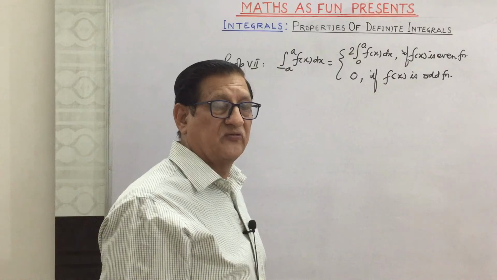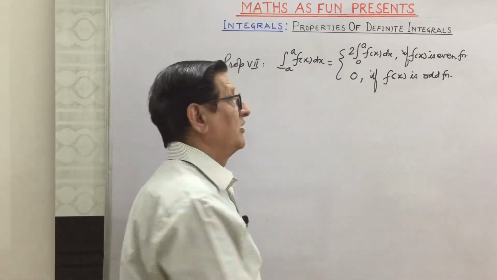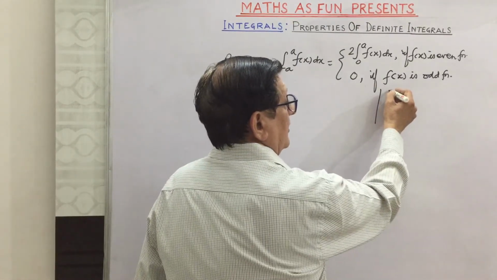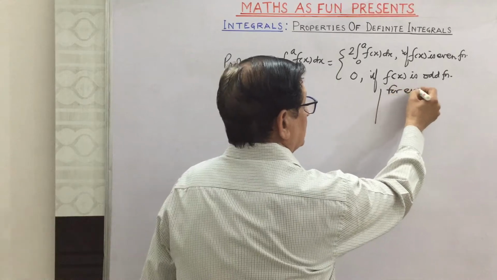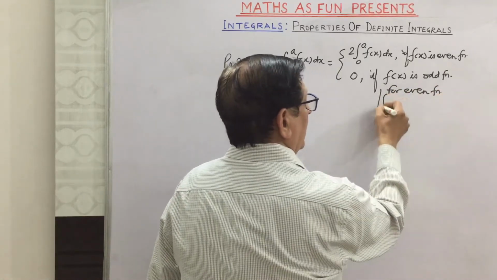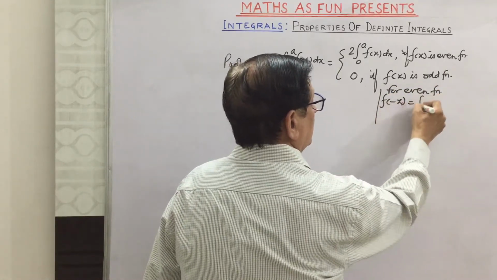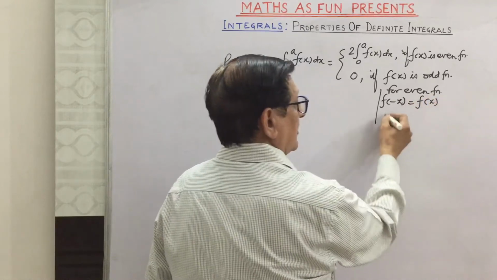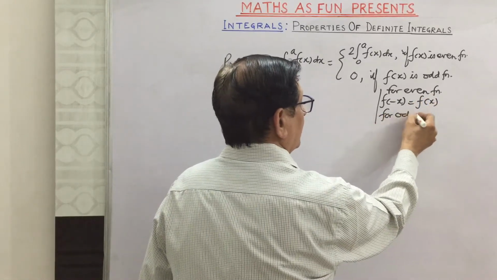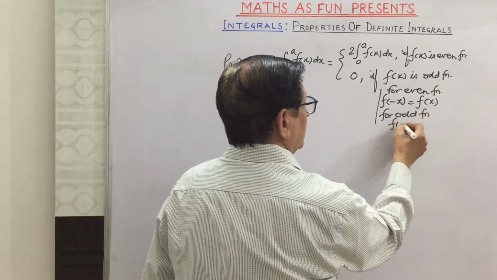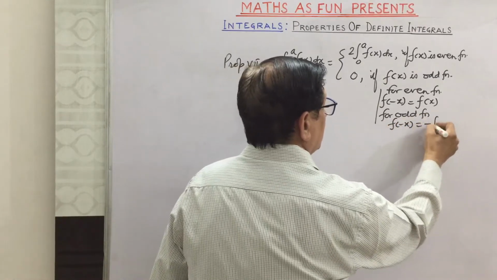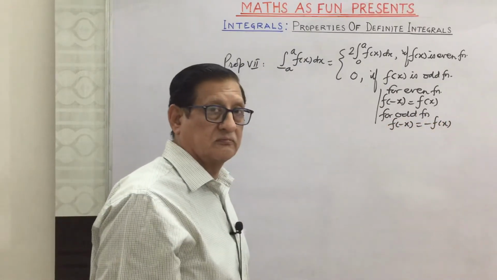You know what is an even function and what is an odd function. We say for an even function f of minus x is equal to f(x), and for an odd function, we know that f of minus x is the same as minus f(x).